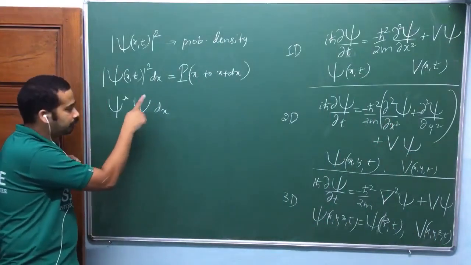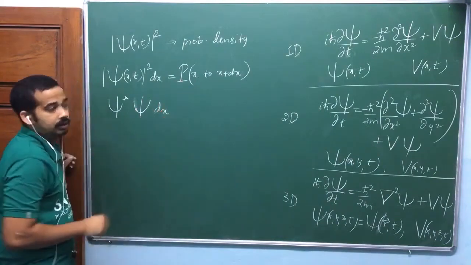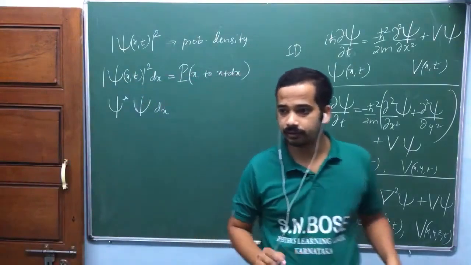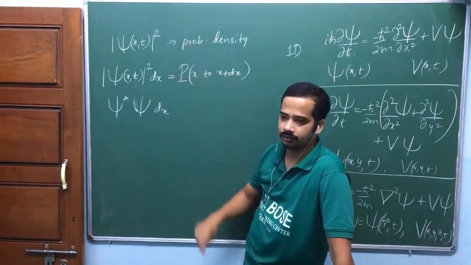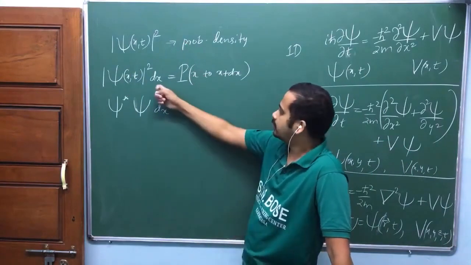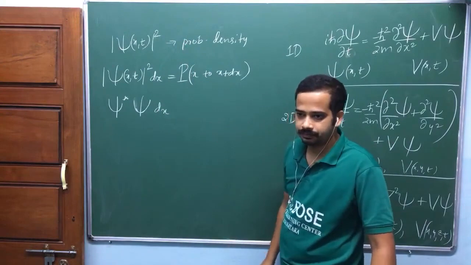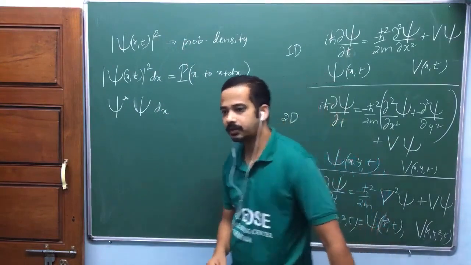When you multiply by the length dimension, you get a dimensionless quantity. This has a dimension: probability per unit length, it has a dimension of per unit length actually. But this is a dimensionless quantity because this is a probability. So probability in some small region is a dimensionless quantity.